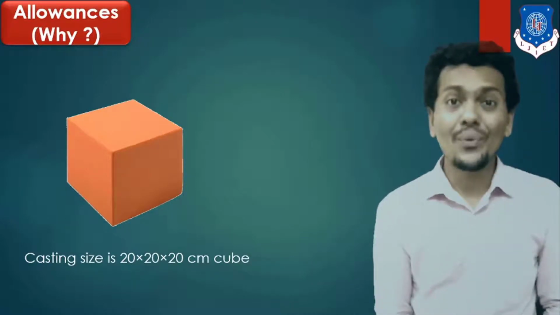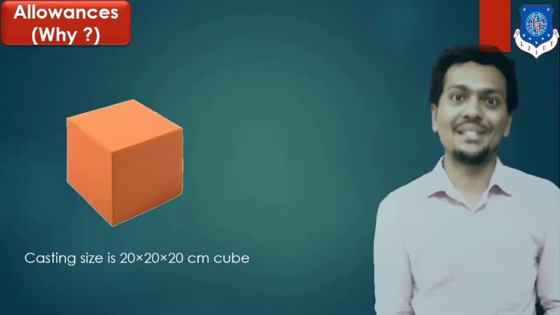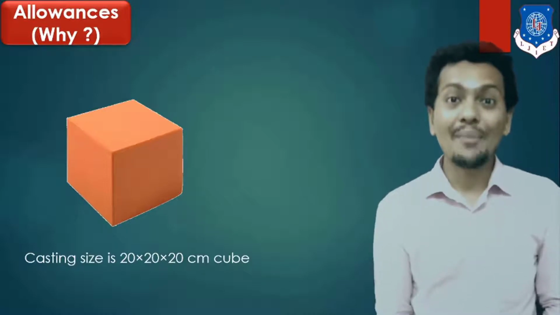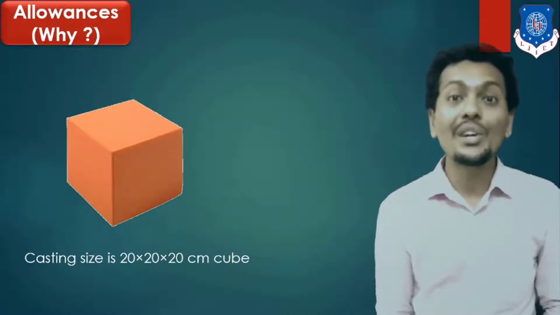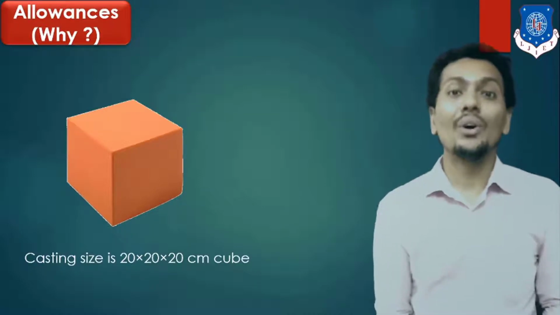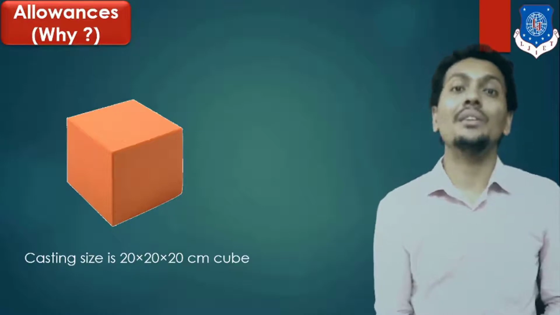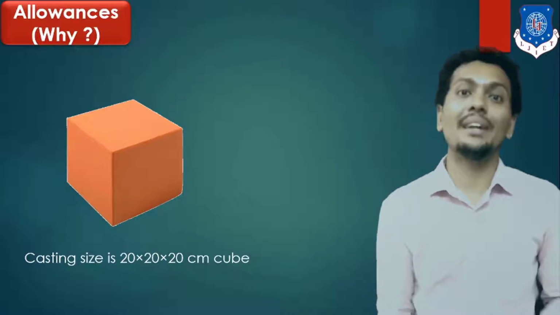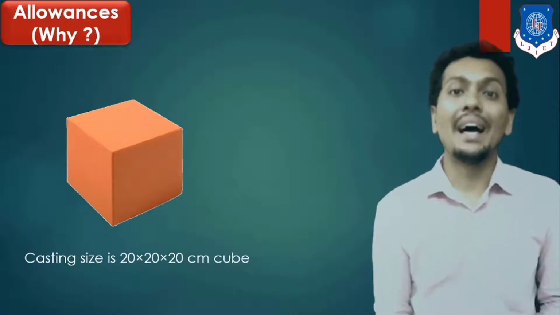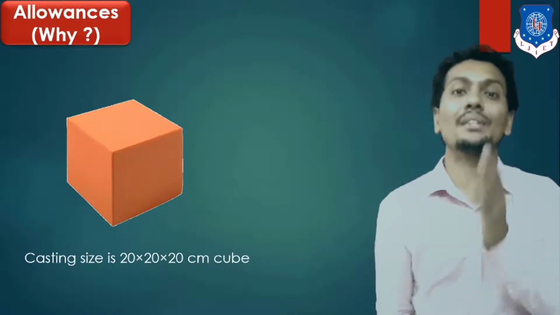First of all, what do you mean by allowance? Here I mention a simple and interesting question for you. We are going to discuss different types of allowances, and at last we will have an answer to this question.